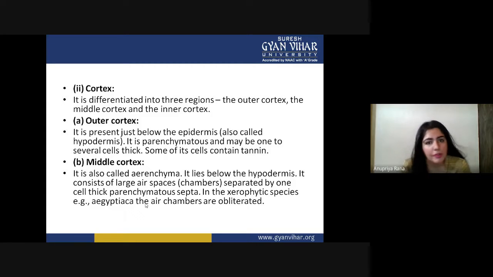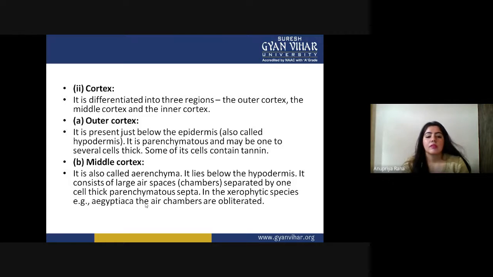The same thing happens to these plants. They need air for their respiration and photosynthesis. They get air, but they also store air for unfavorable situations. As a normal plant stores water, they store air.